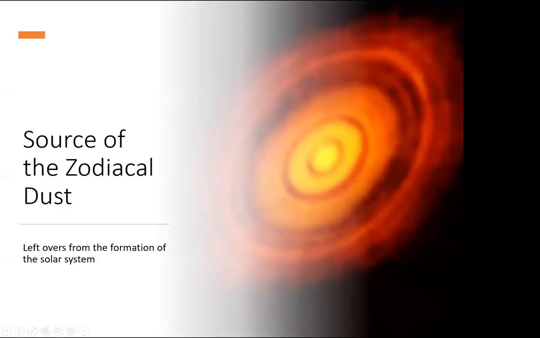Okay, so the big question is, where does all this dust come from? And one obvious answer is that it's the leftovers from the formation of the solar system. The image to the right here is a series of dust rings around a star other than the sun out there that will go on eventually to form a solar system of exoplanets around this young star that's being formed in the center there.